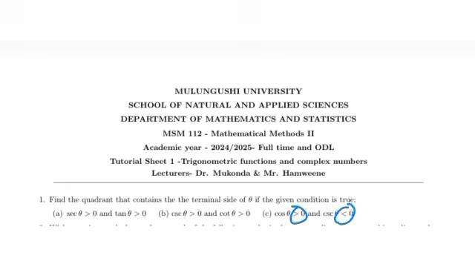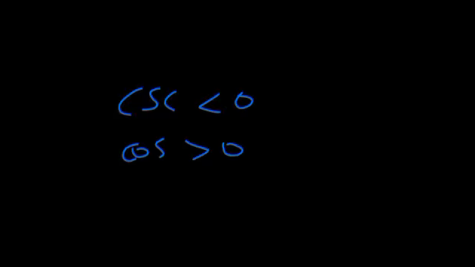Have you seen? Greater than 0 means positive, less than 0 means negative. Okay, so let us draw our x-y plane.